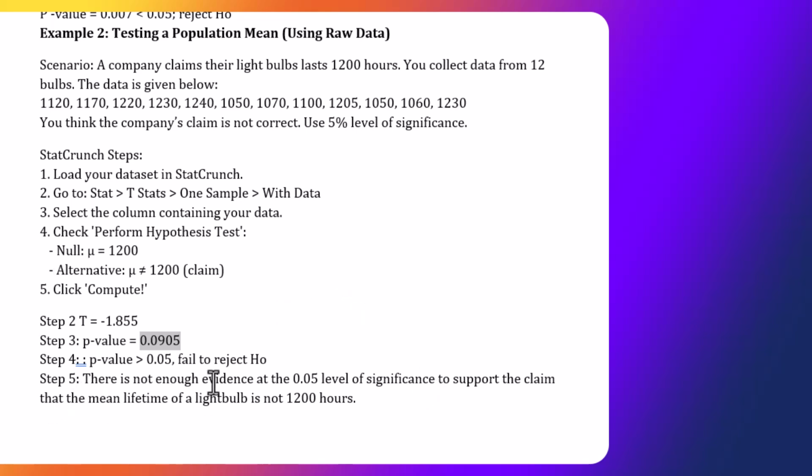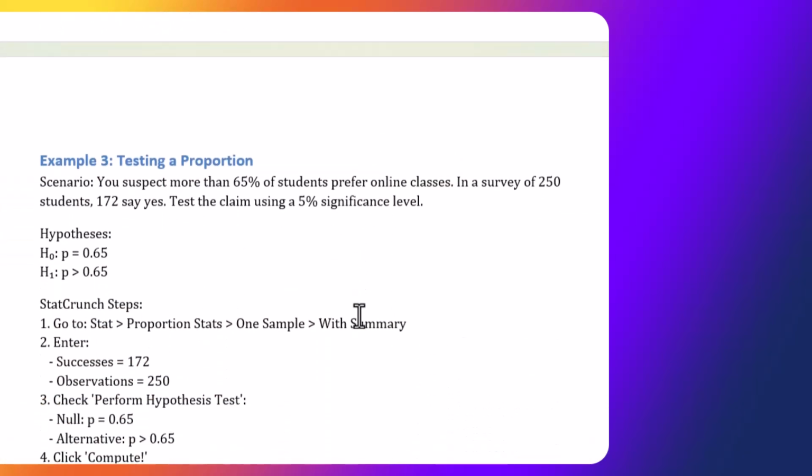So there is not enough evidence at the 5% level of significance to support the claim that the mean lifetime of a light bulb is different from 1200 hours. Okay? That's testing the mean when he gives you a data set. Now we're going to learn how to test the proportion.